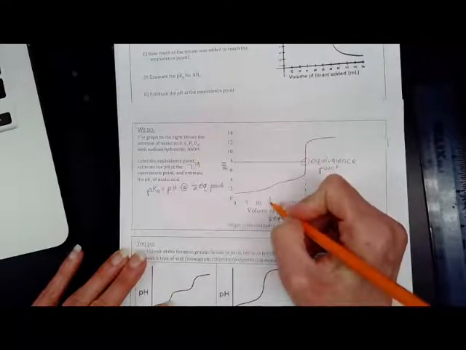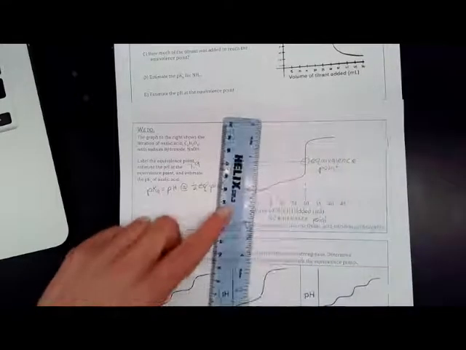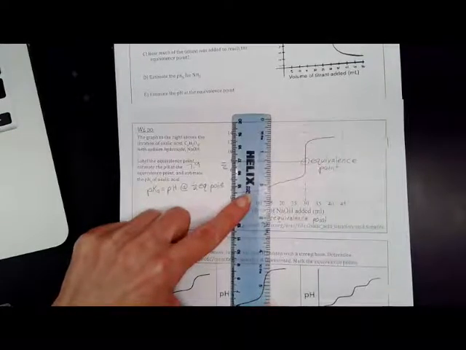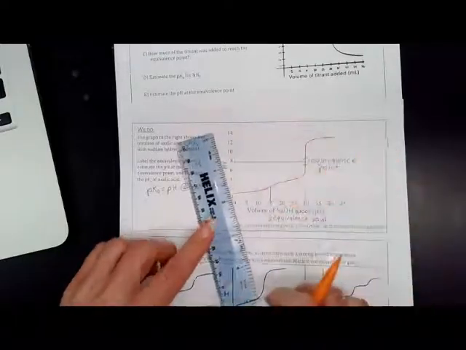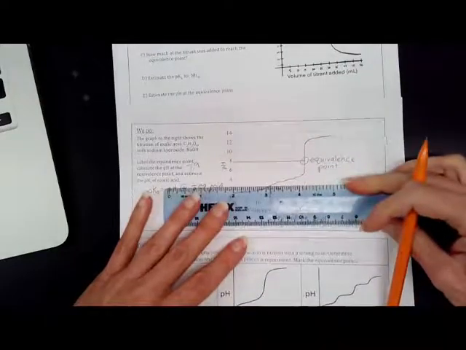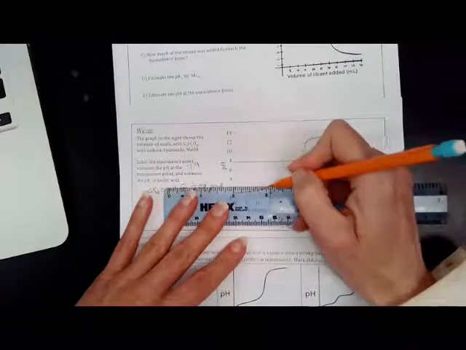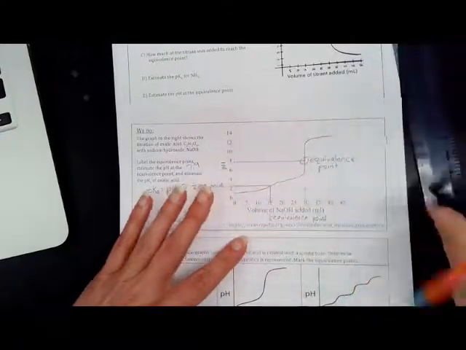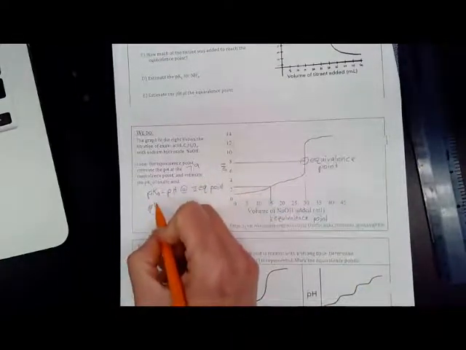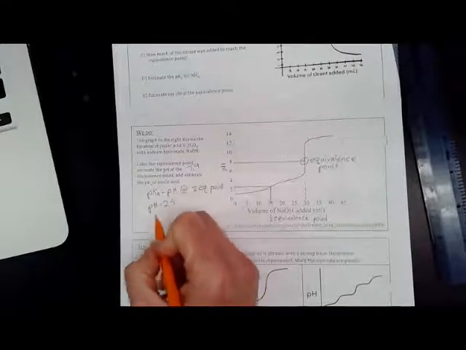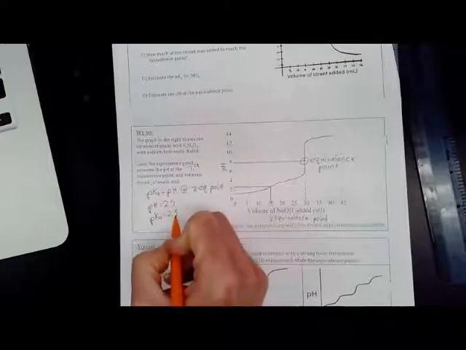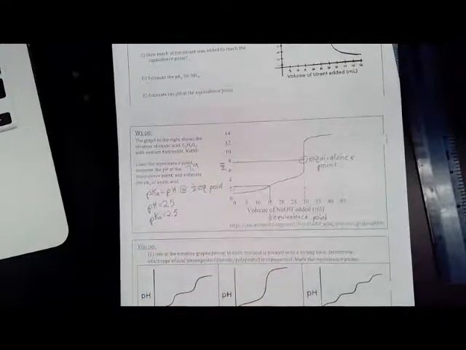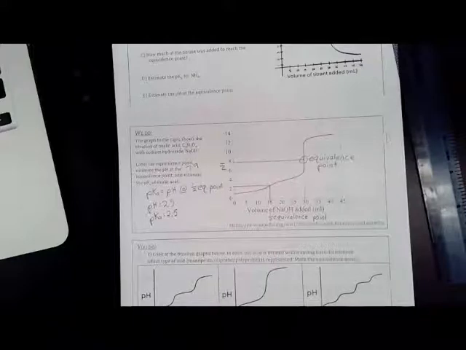So we're going to draw our line straight up from the half equivalence point, and that would be our half equivalence point there. And we're going to draw our line straight over. And I would say that our pH there is equal to 2.5, so our pKa is equal to 2.5. So that's all we have to do in order to label those parts of the graph.